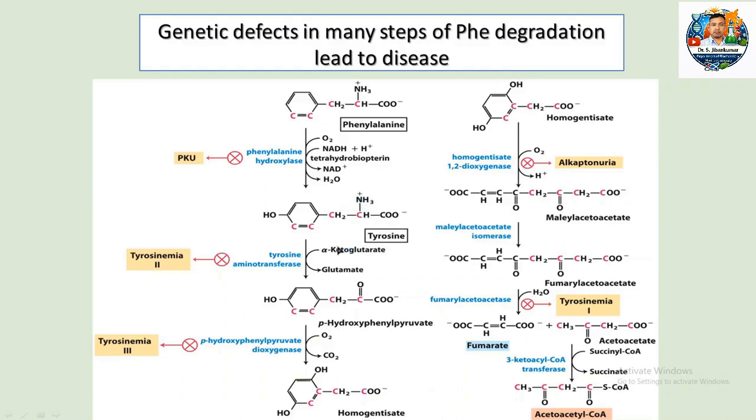So if this amino group is transferred to a keto acid, that is alpha ketoglutarate, it will become glutamate. So the alpha amino group of tyrosine has been transferred to alpha ketoglutarate, forming glutamate. So this carbon would become a keto group. So this is a typical aminotransferase reaction. And the newly formed keto acid is para-hydroxyphenylpyruvate. Why is it called para-hydroxy?